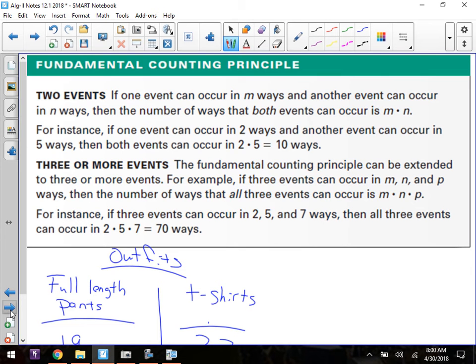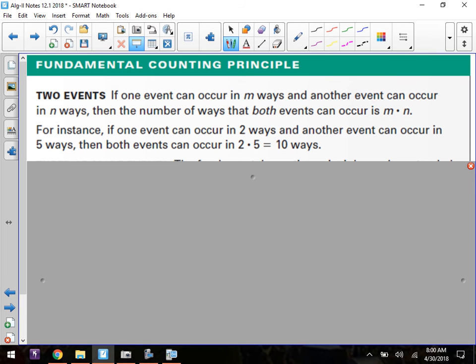Same idea with, don't write all this out. This is basically when you start thinking about how many different ways outcomes can occur. This is the fundamental counting principle: if one event can occur in so many different ways and another event can occur in so many other ways, the number of ways that both events can occur is found when you just multiply them together.